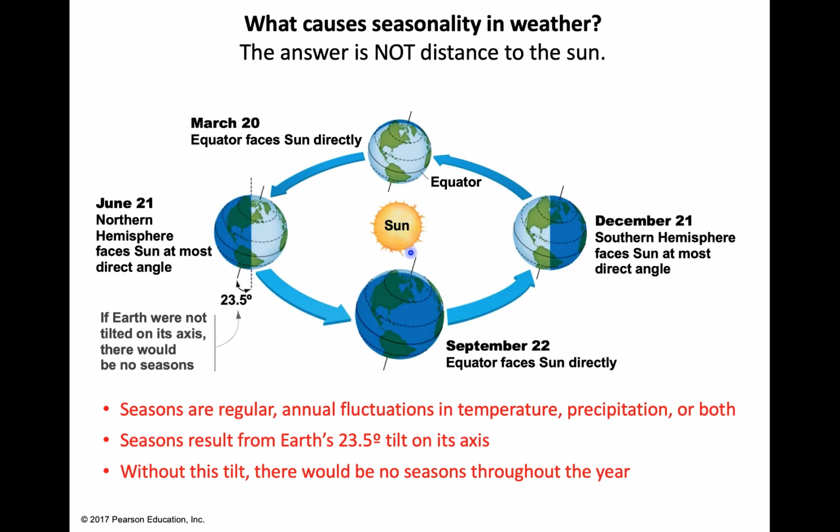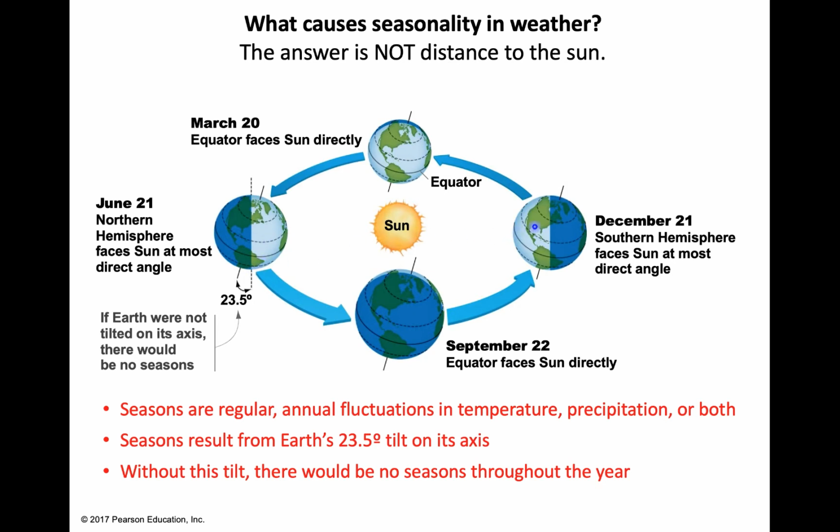The reason why we have different seasons during the year is actually because the Earth is tilted 23.5 degrees off of being perfectly straight. And so in the northern summer, the northern part of the Earth is tilted towards the sun so that the sun rays are hitting the northern hemisphere at a flatter, more full-on angle than in the southern hemisphere.